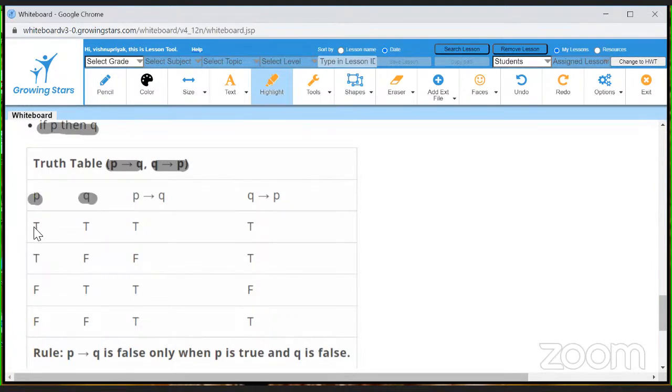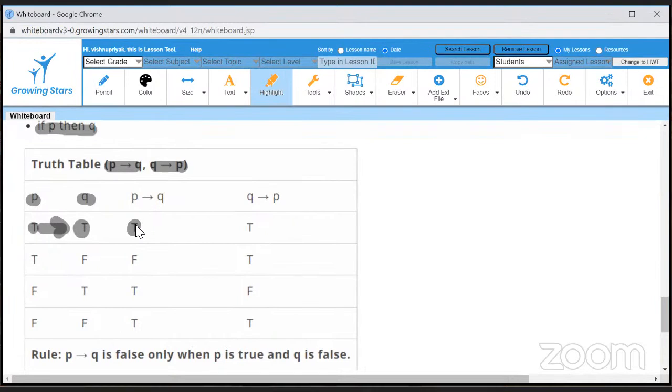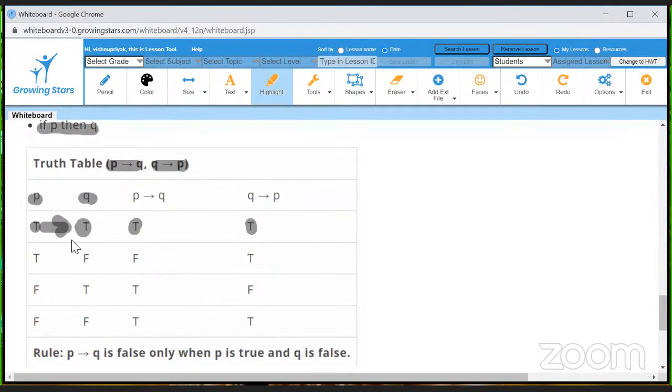If both are true, you are going from true to true. So P implies Q is true. Q implies P is also true because you are going from true to true.